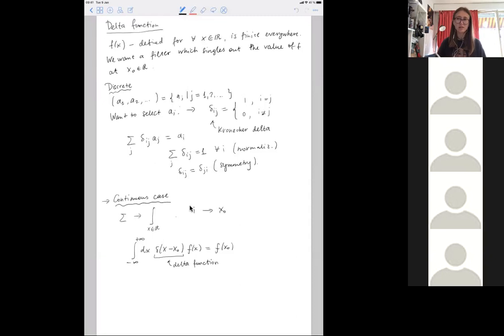I hope that will also give you some physical motivation. So suppose that we have a function f of x here, and we want to find a function which singles out its value at x0 if we integrate with this function over the function f.